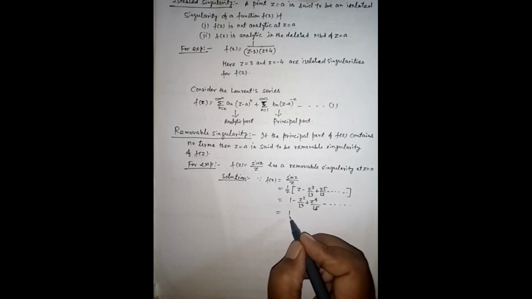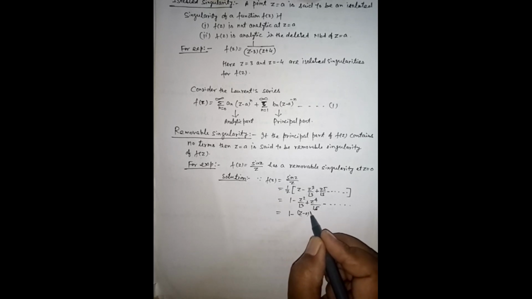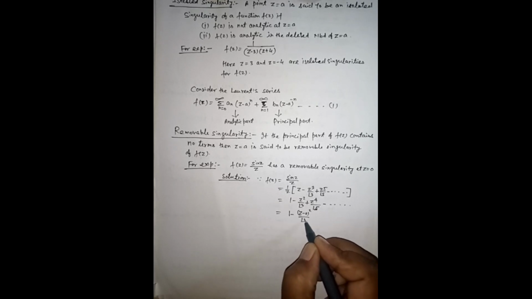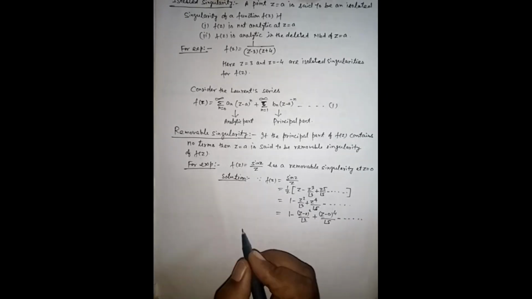This may be written as 1 minus (z minus 0) whole square upon factorial 3 plus (z minus 0) power 4 upon factorial 5 minus and so on.